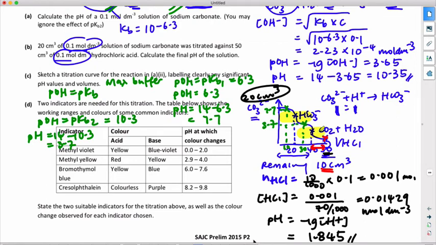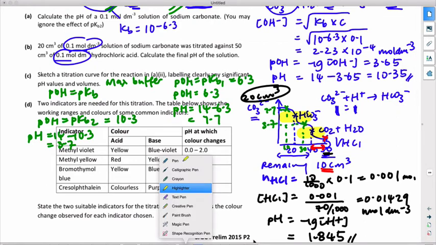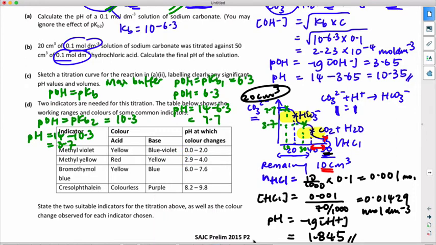For the first equivalence point, the indicator must be somewhere between a value of 3.7 to 7.7. I think I can use bromothymol blue. So this is the first suitable indicator.